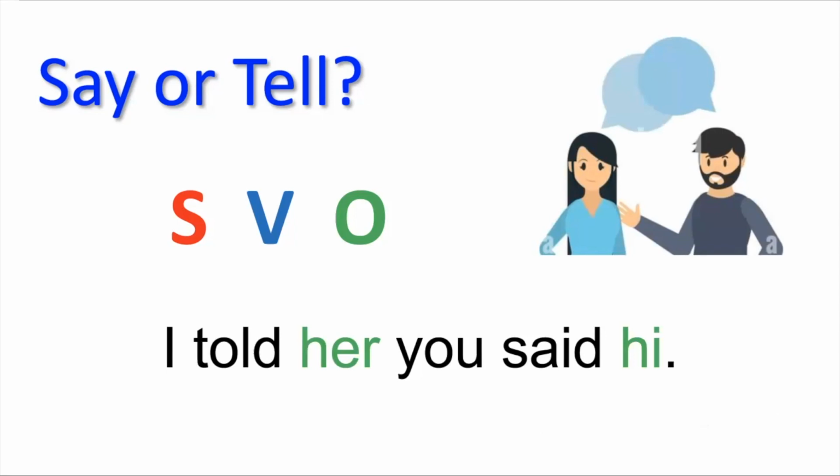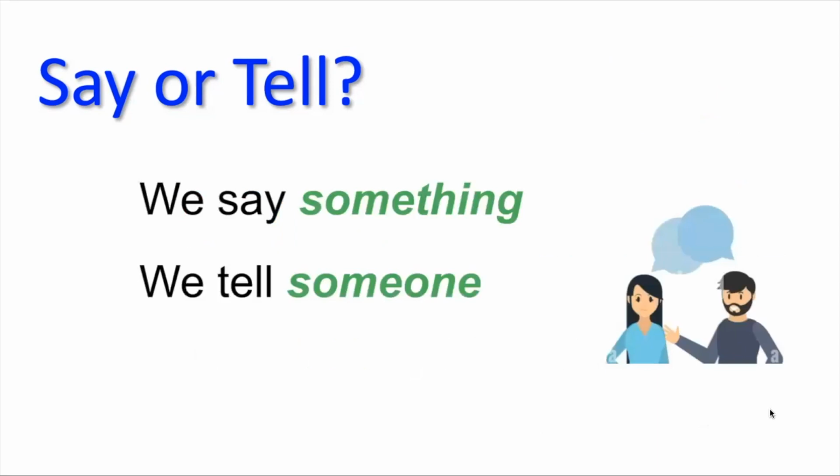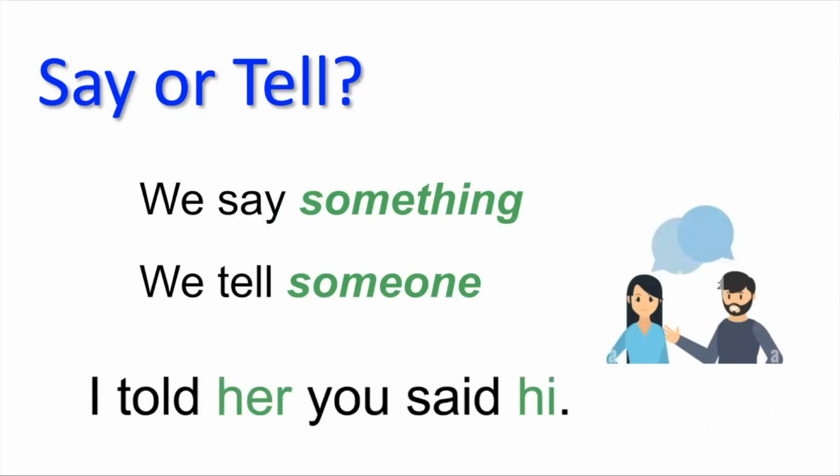The object for tell is her, a person, and the object for say is hi, the words that are being said. We say something, we tell someone. I told her you said hi.